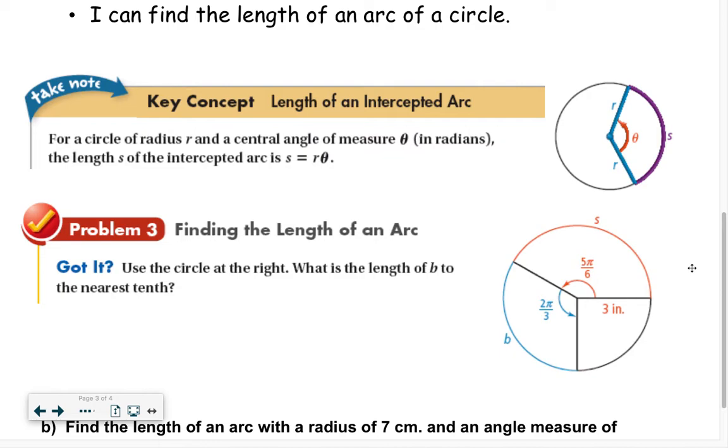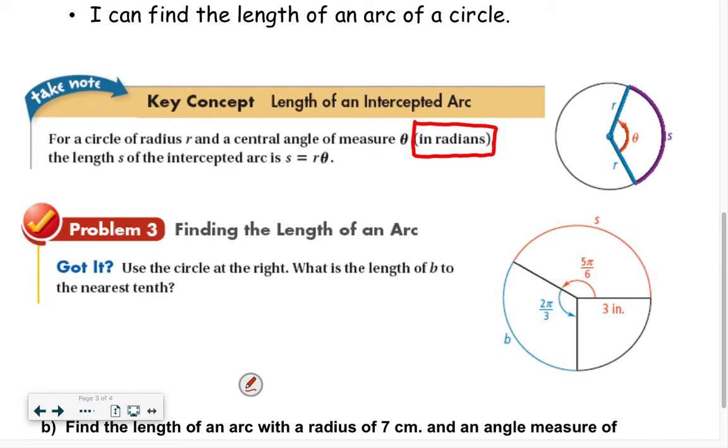Arc length needs to be done in radians. When we have our central angle, an angle measure in the middle of our circle, it has to be in radians in order to use this formula. So if we're given degrees, what should we do?